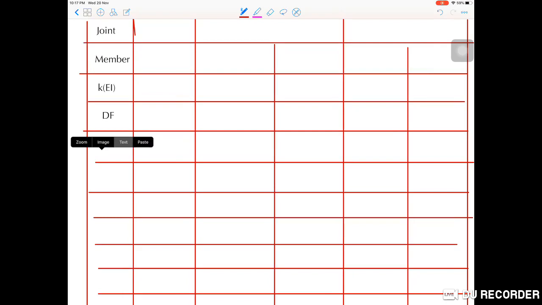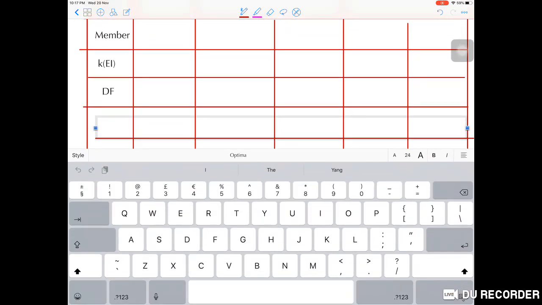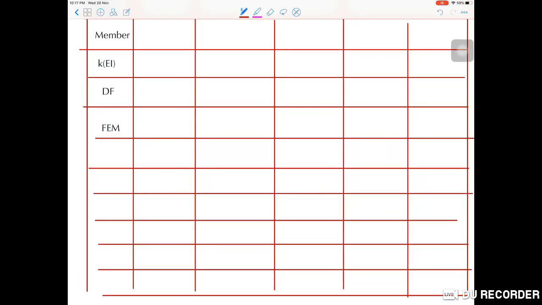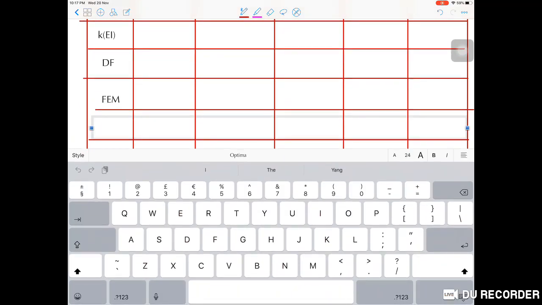Then the first member end moment we put under FEM, the first moment in the table. But this time, because there is an applied moment at joint B, it is a joint moment.